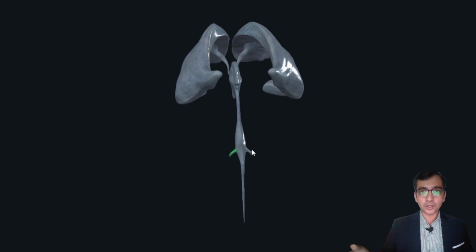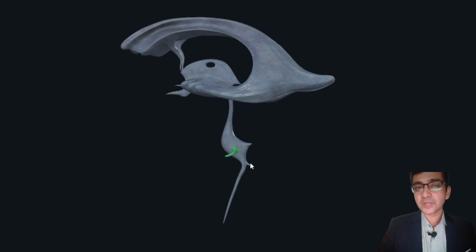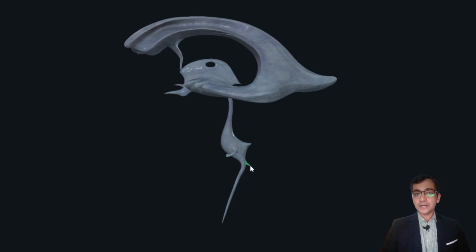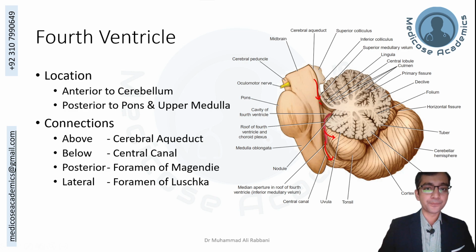The openings on the lateral aspect going into the subarachnoid space are the foramina of Luschka: L for lateral, L for Luschka. The opening on the posterior aspect in the roof is the foramen of Magendie: M for median, M for Magendie. So these are the structures that give outflow to the fourth ventricle.